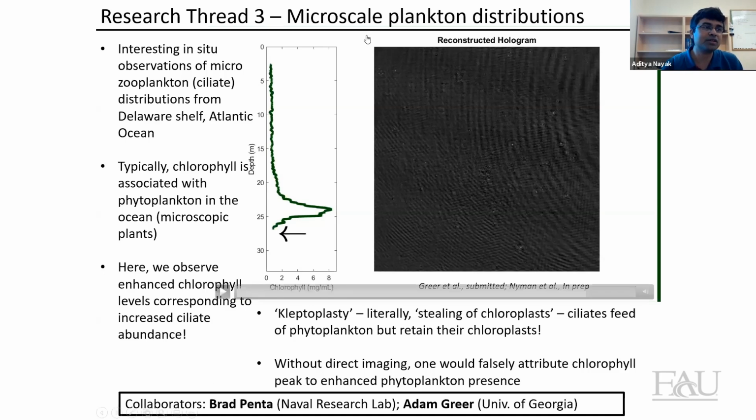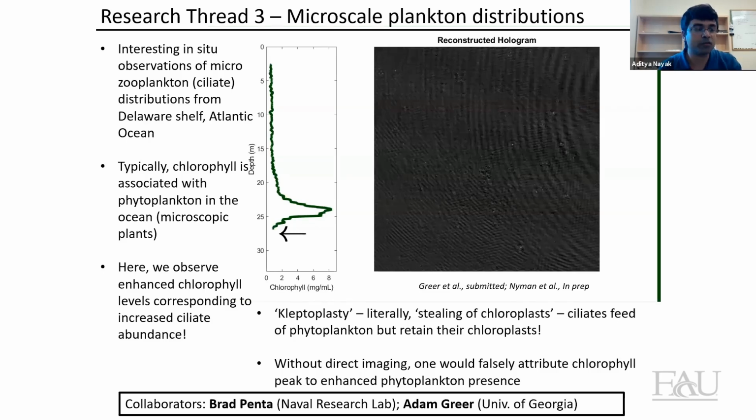So if you just looked at the chlorophyll profile without looking at the holograms or any visual documentation, you would just assume that this is a peak corresponding to phytoplankton, right? That's how you would look at it. So this is a really interesting observation, and we are currently writing up a couple of papers based on this data set.